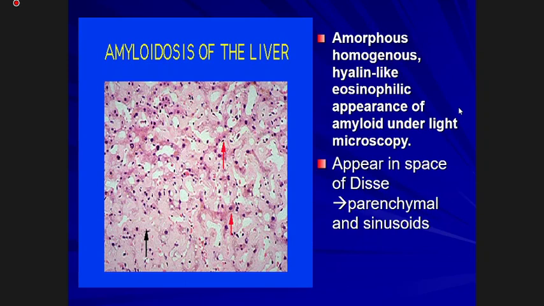You all haven't done liver, so you might not be able to appreciate the normal appearance of liver cells, but it tends to accumulate in the space in between your hepatocytes, the space of Disse, and it can extend into the liver parenchyma and into the sinusoids.